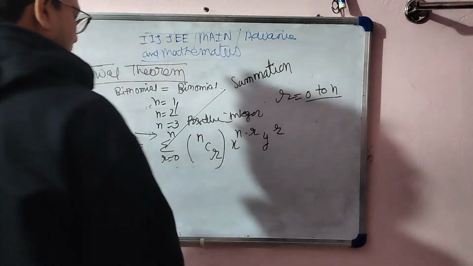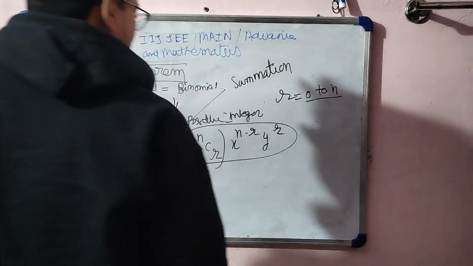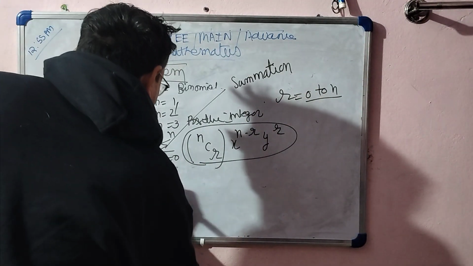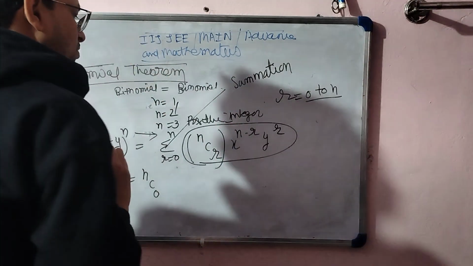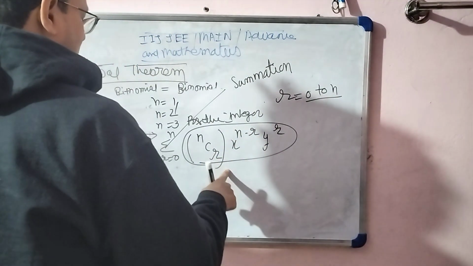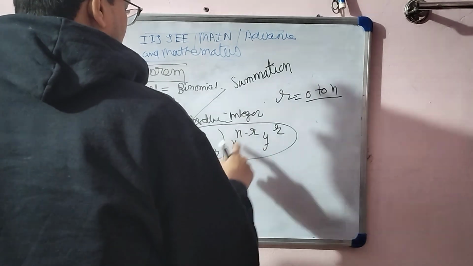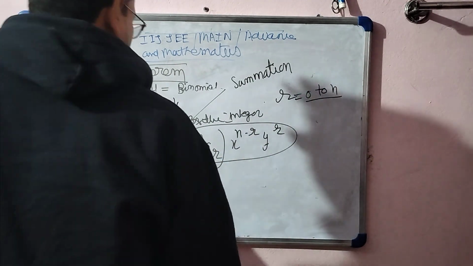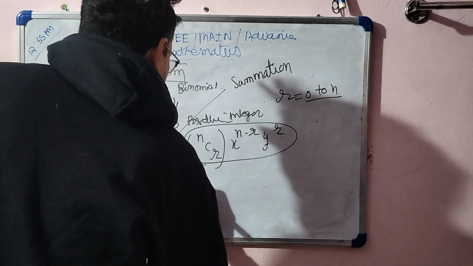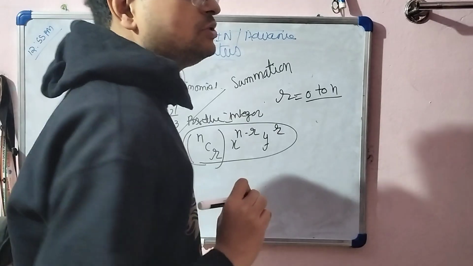What is the power of y? 0, y to the power 0. Anything to the power 0 is 1, okay.